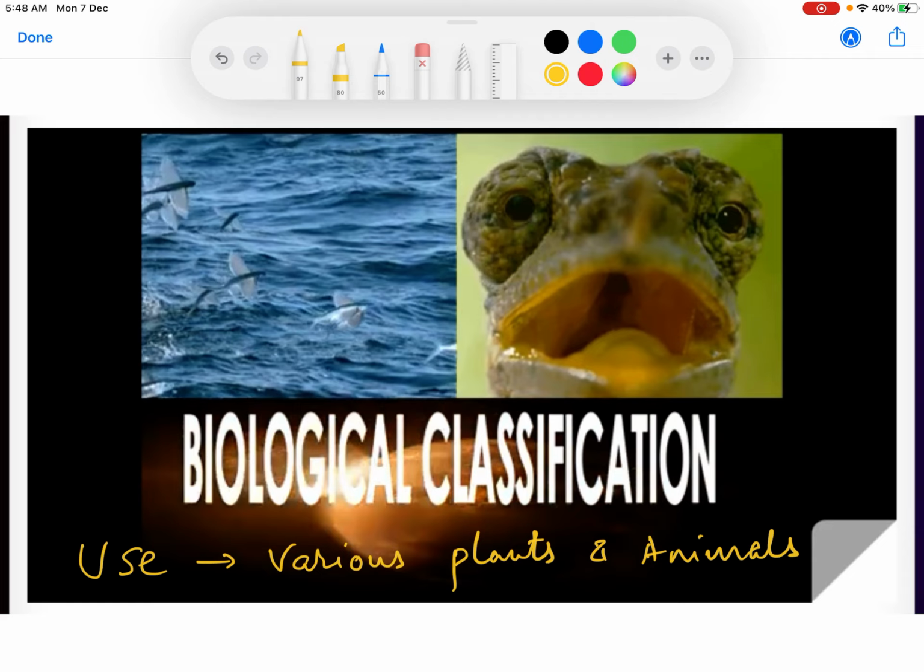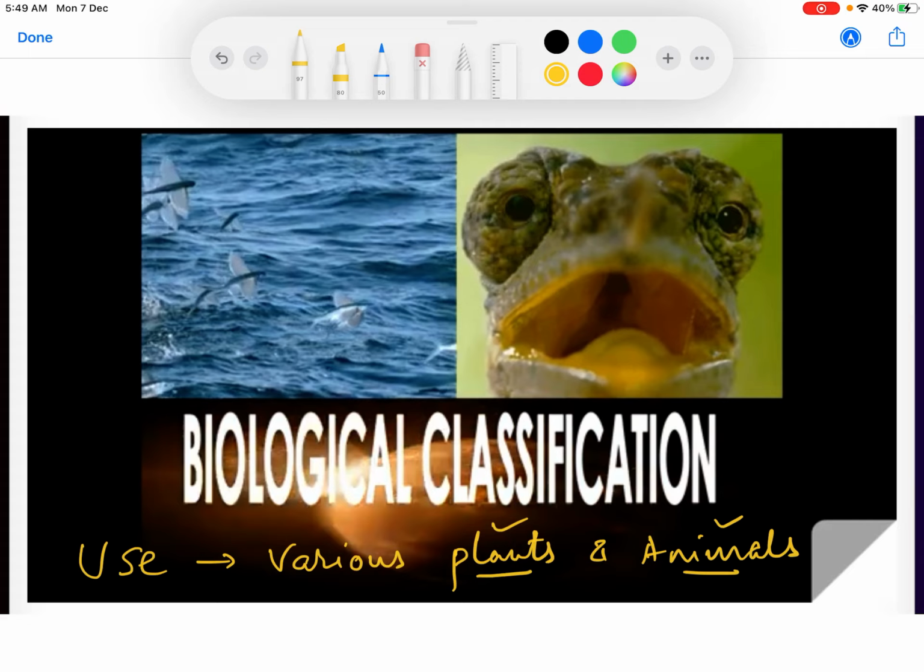So only a few plants and a few animals used to be easily identifiable with respect to their use or importance in our life. For example, some plants or animals are useful to us as food. Due to the use, we started identifying various plants and animals.